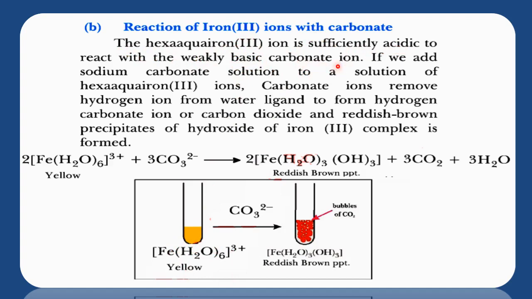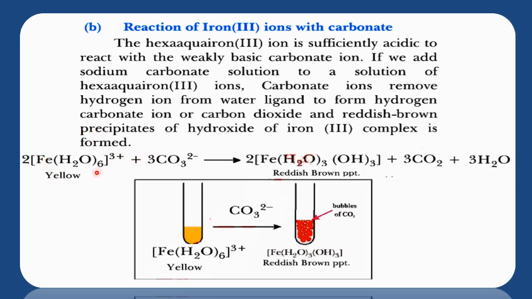If we add sodium carbonate solution to a solution of hexa aqua iron 3 ions, carbonate ions remove hydrogen ions from water ligands, just like we studied with the hydroxyl ions. They are going to form hydrogen carbonate or carbon dioxide, and reddish brown precipitates of the hydroxide of iron 3 complex are formed. Now look at the chemical reaction in order to understand it.